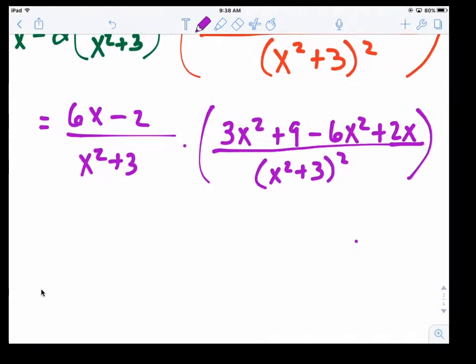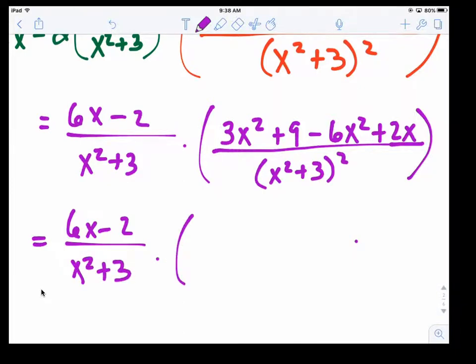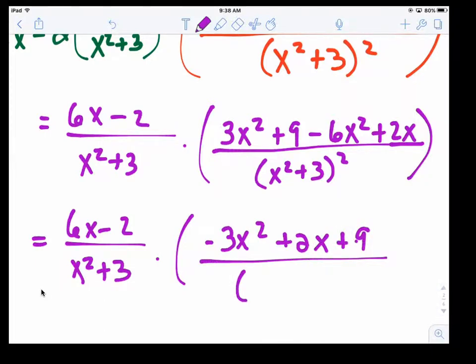And now I have (6x minus 2) over (x squared plus 3) times, looks like I have negative 3x squared plus 2x plus 9 over (x squared plus 3) squared.